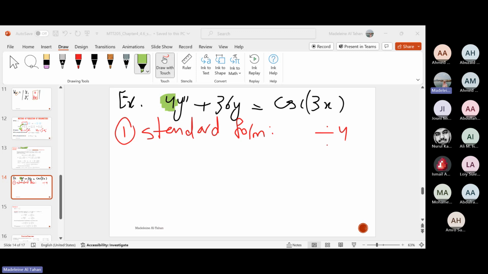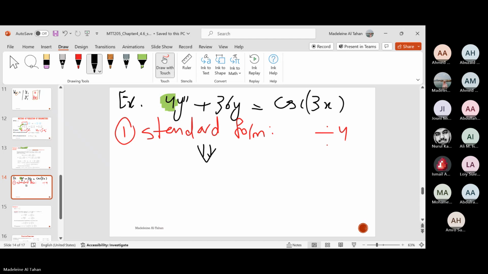What will we get after we divide by 4? Ahmad, what will we get after we divide by 4? y double prime plus 9y equals 1 over 4 cosecant 3x.